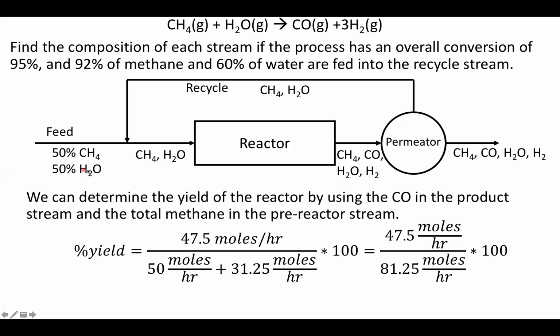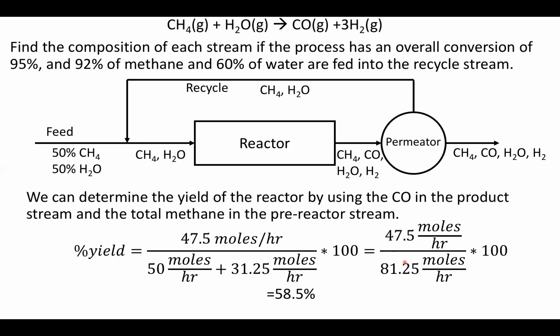So it's going to be 50 plus the 31.25 we determined earlier, for a total of 81.25 moles per hour coming in through the direct feed. And the direct product, which is carbon monoxide, has a yield of about 47.5 moles per hour. So when we turn this into a percent yield basis, we end up with a percent yield of about 58.5%.